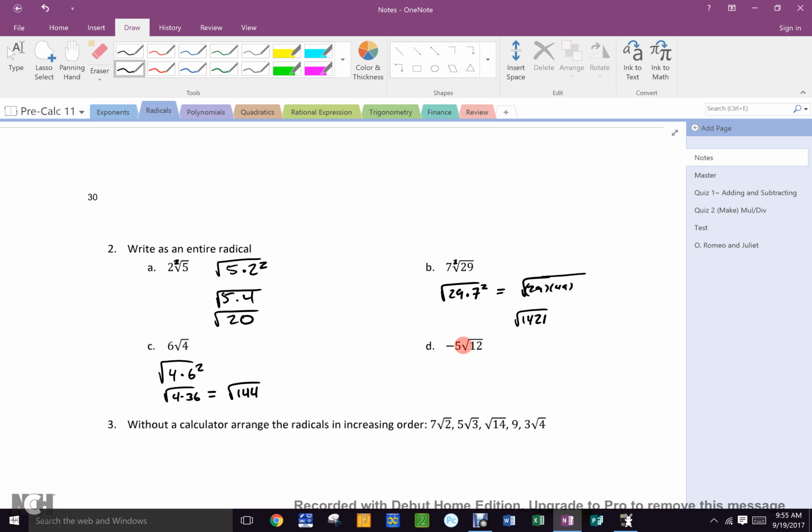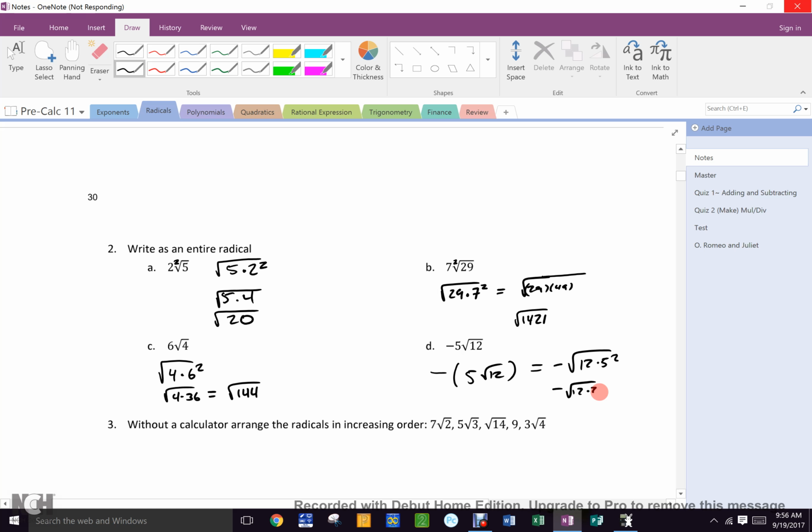It's negative. Is it negative 5 root 12? It's that, isn't it? So there's a 5 out here, so what was under there? Negative root 12 times 5 squared, which is negative 12 times 25, which is negative root 300.